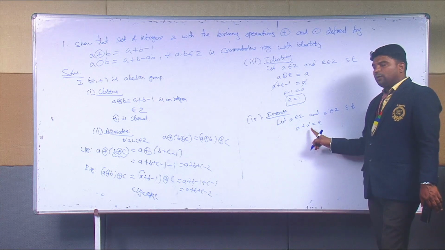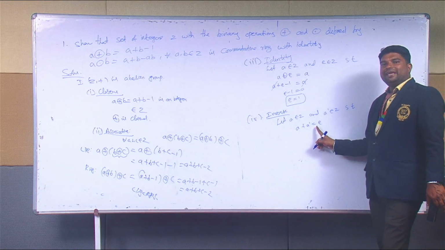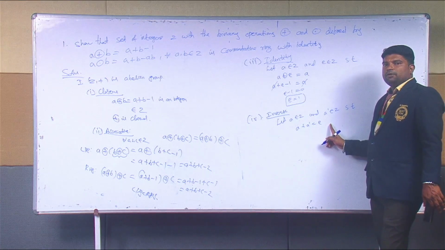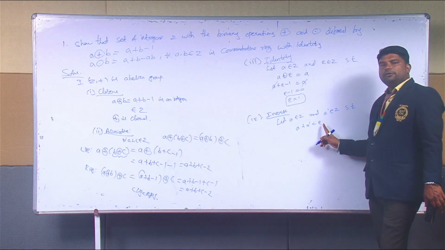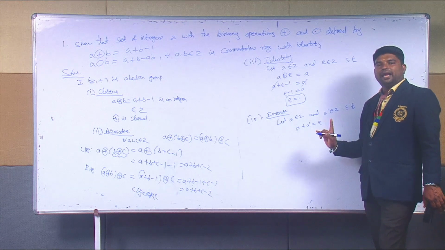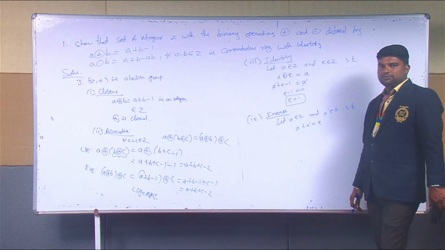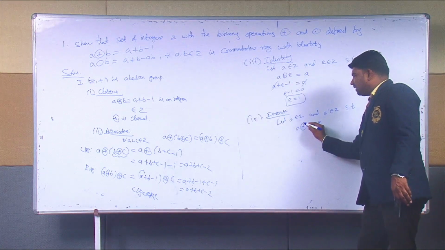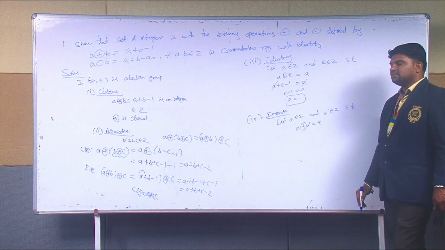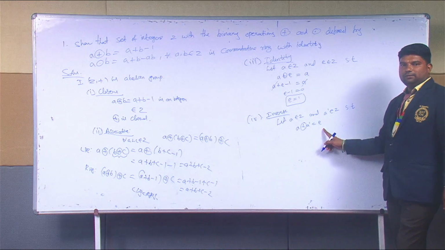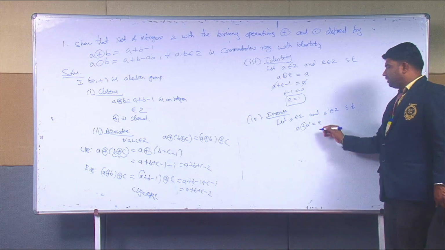When I add the two elements, the resulting value is the identity element, then a dash is the inverse of a. So here I want to apply the addition modulo operator: a addition modulo a dash is equal to e. Already I found e is 1, the identity element is 1.